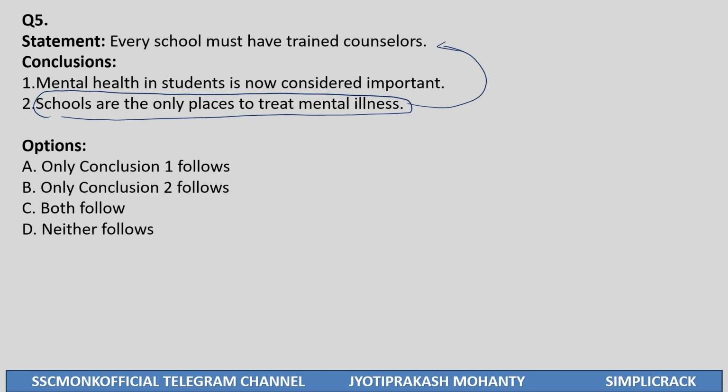No, because it is very extreme. It is saying only place to treat mental illness. So this cannot be my conclusion. Now, mental health in students is now considered important. Because of this, the school is what? Appointing trained counselors. That means this conclusion is directly attached with the statement. So this is my right conclusion. So option 1, only conclusion 1 follows the statement.